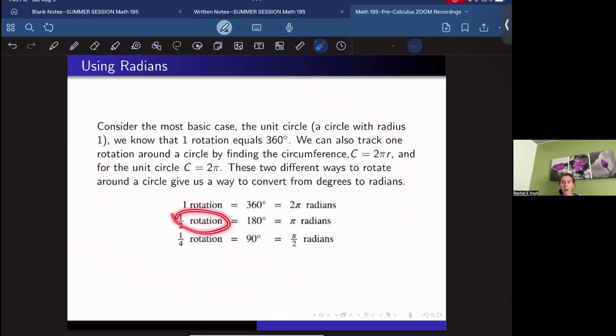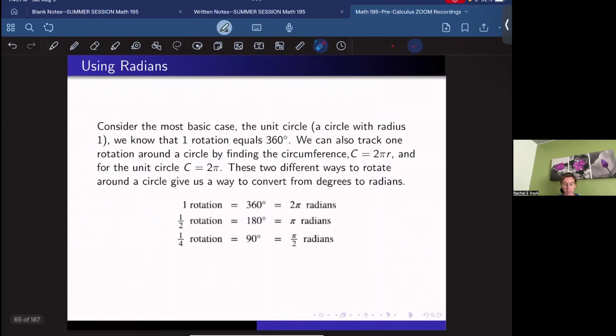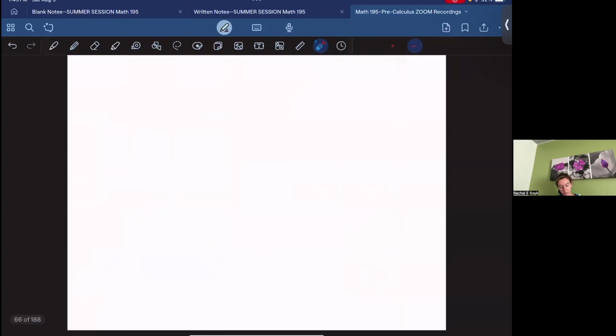Rotation just means, okay, how far along the circle are you going to get? In case they don't have a slide, I'm going to create another slide just doing the conversion. If they have it, then great.